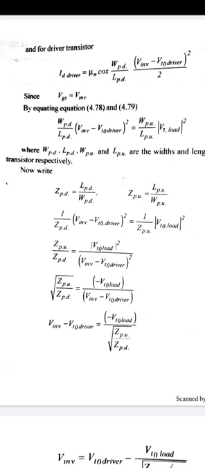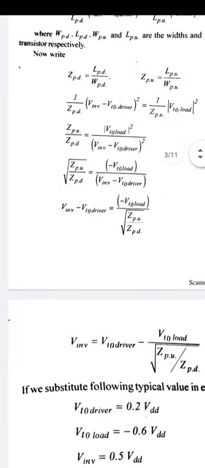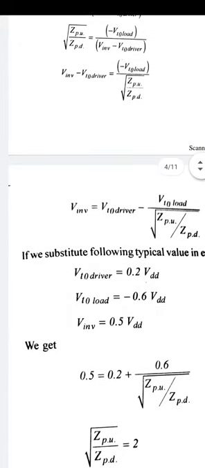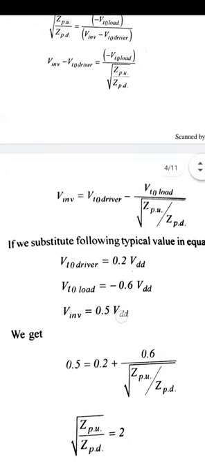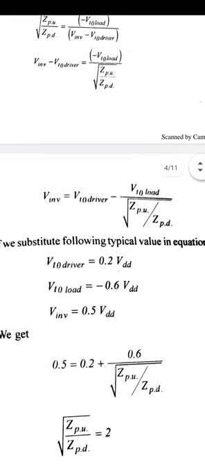Finally we get V input minus V threshold voltage is equal to minus VT load upon square root of ZPU upon ZPD. So V inverter is equal to V threshold of driver transistor minus VT load upon square root of ZPU upon ZPD.